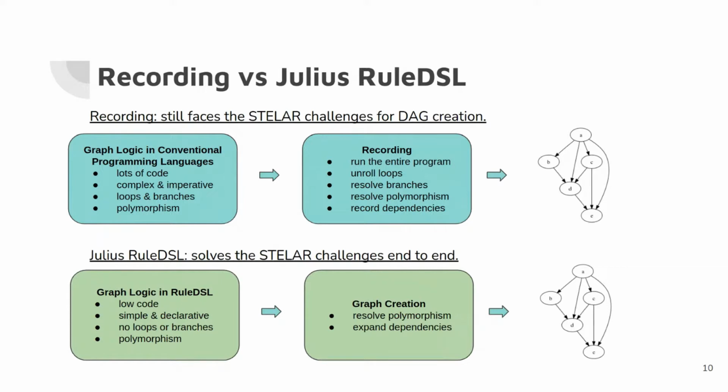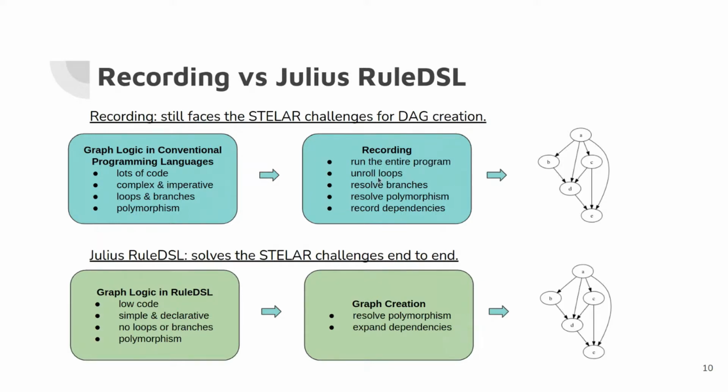So if you look at the traditional approach, you write a lot of code and make a lot of effort to write the graph logic using traditional programming languages, only to have the effect undone and removed in order to create a computational graph, because you have to run the entire program to record it.